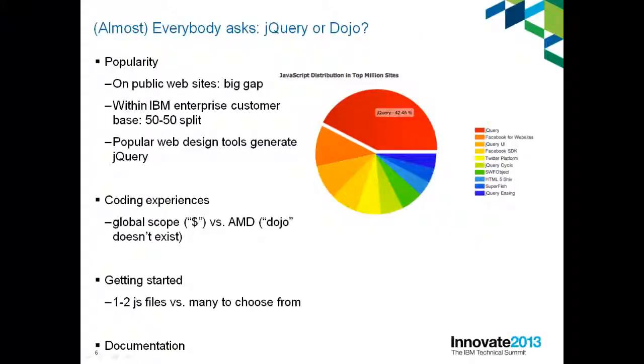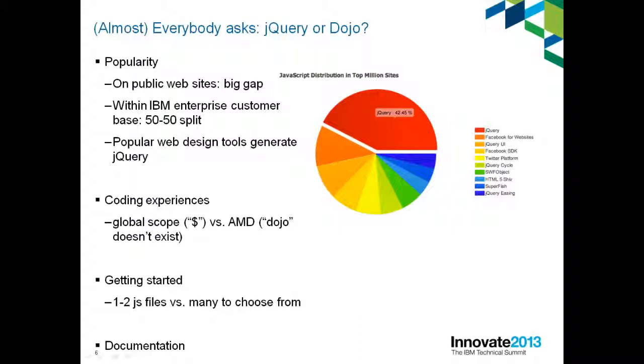That's because with enterprise application development, you have much more than manipulating the DOM and making images appear. You have many other concerns that jQuery really doesn't give you. So that's number one.